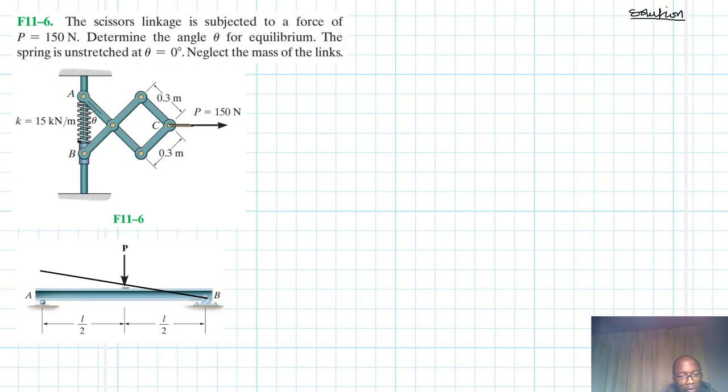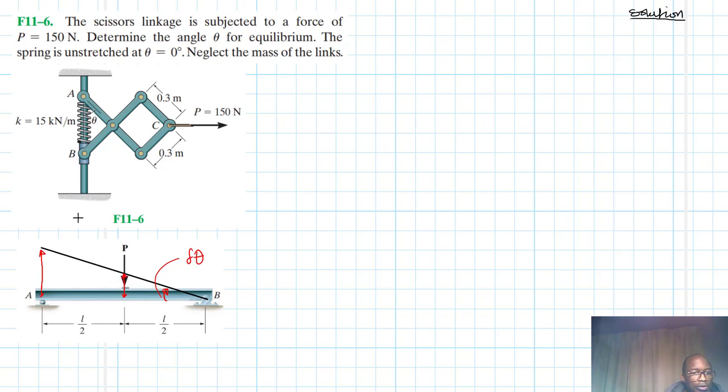Let me exaggerate this a little bit like so, okay. And then at this point, let me apply del theta like so. And then here I'm going to have these displacements, but they are all related to the angle del theta. So I'll have this one, and I will have also this one.